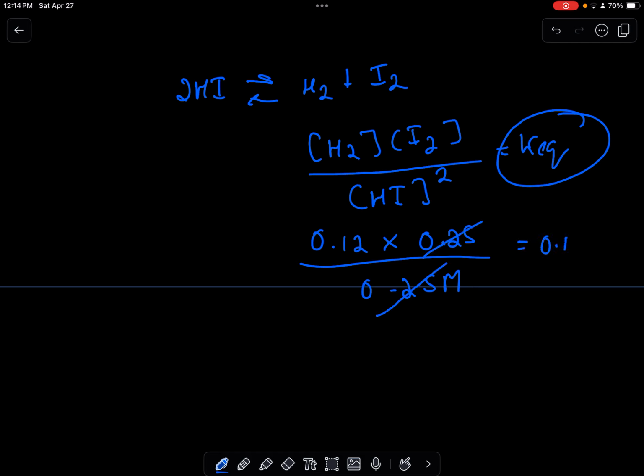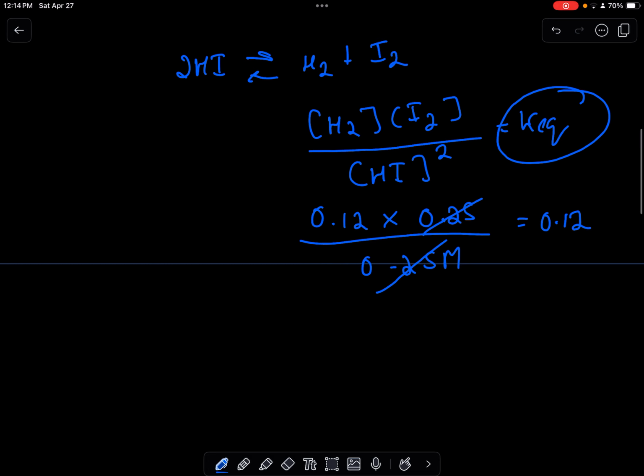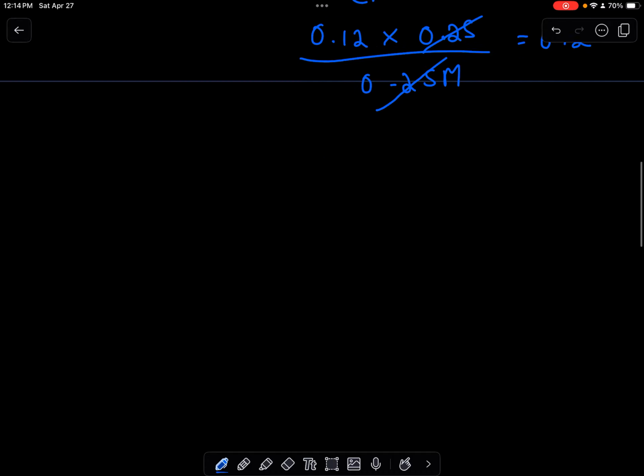It would be 0.12. So that's just an example of how we would calculate the equilibrium constant. Let's have a go at another example.